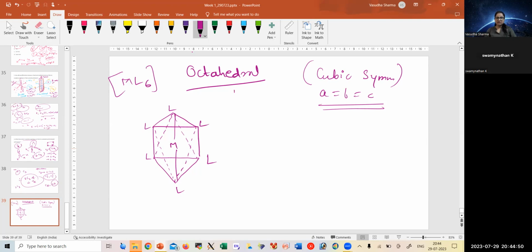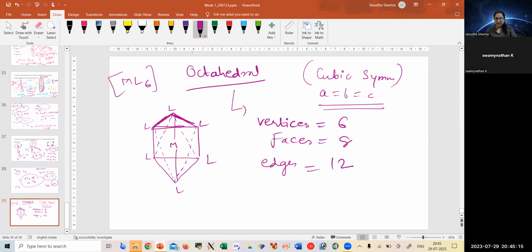Now in the octahedral, how many vertices do we have? 6. The faces are 8, the triangular faces I'm talking about. And the edges are 12. Now, I'm saying that there are 8 triangular faces.